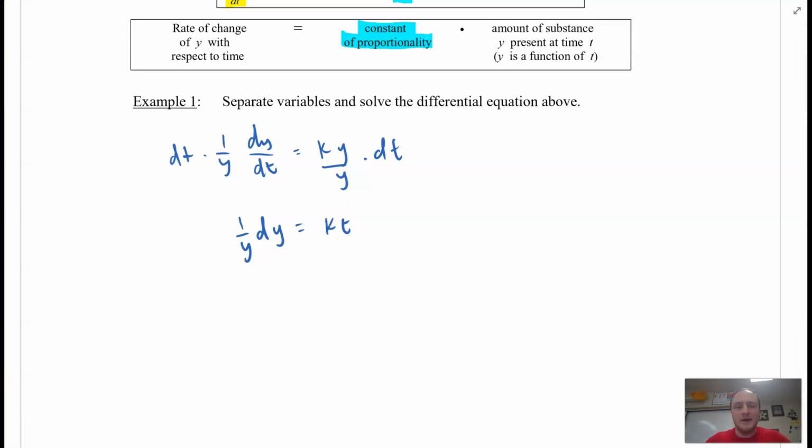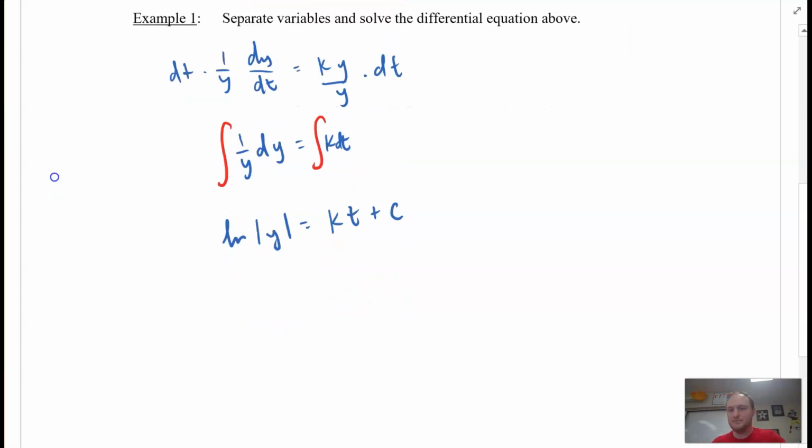Okay, so now I will integrate, and we get the natural log of the absolute value of y is equal to kt plus c.